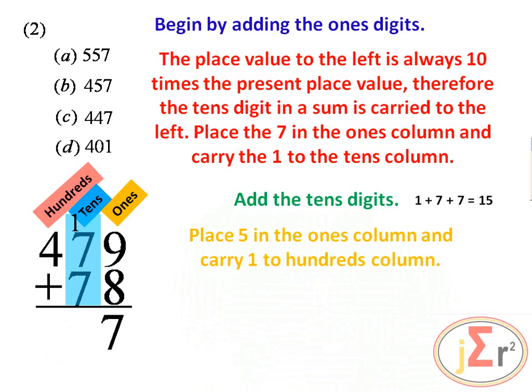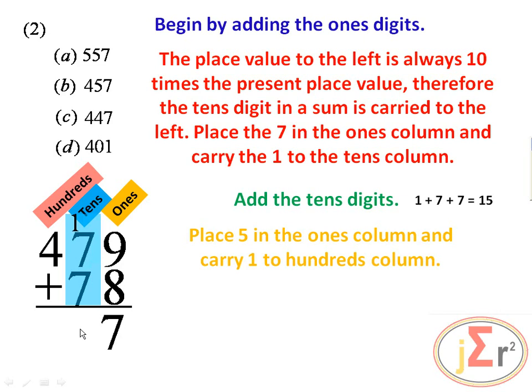Now, the same thing applies. We really want to write down this 15 right here. So the 5 will go right here in the tens column because we are adding tens.